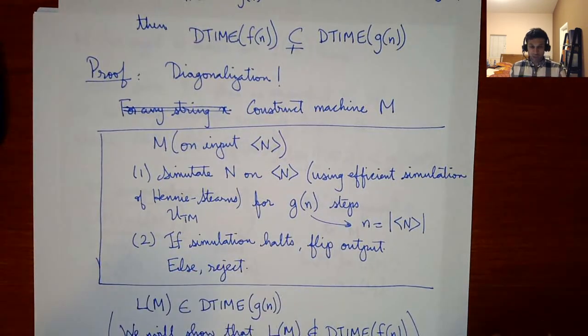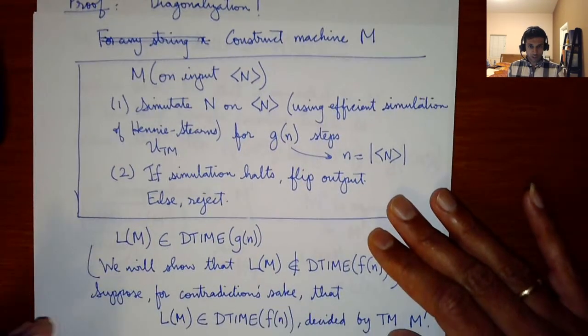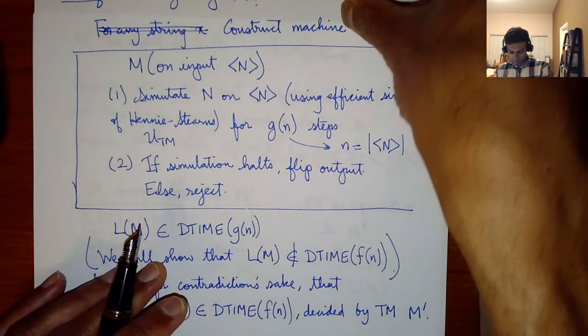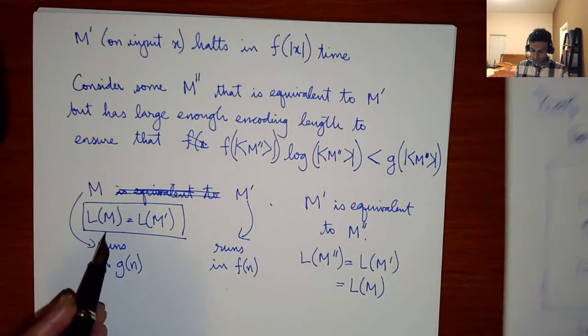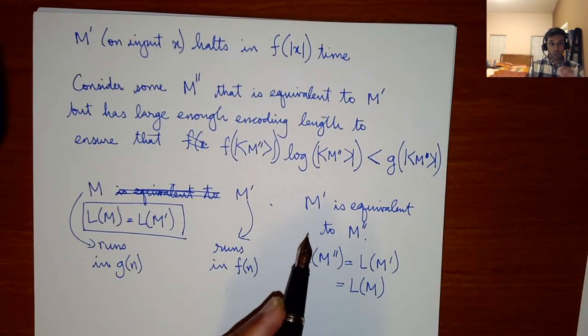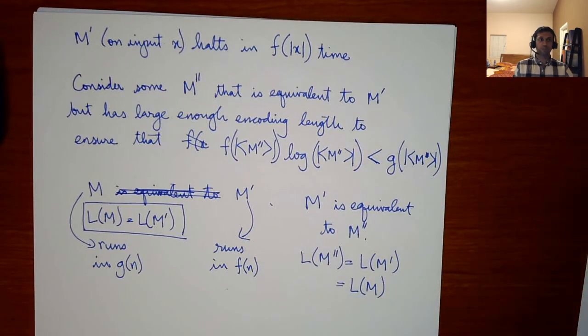From the contradiction, we got another machine which accepts the same language and runs in f of n. The languages are the same. Then we construct another Turing machine that is equivalent, meaning it's the same machine, except its encoding length is much larger, just by padding with extra states and transitions that will never happen, or adding comments.